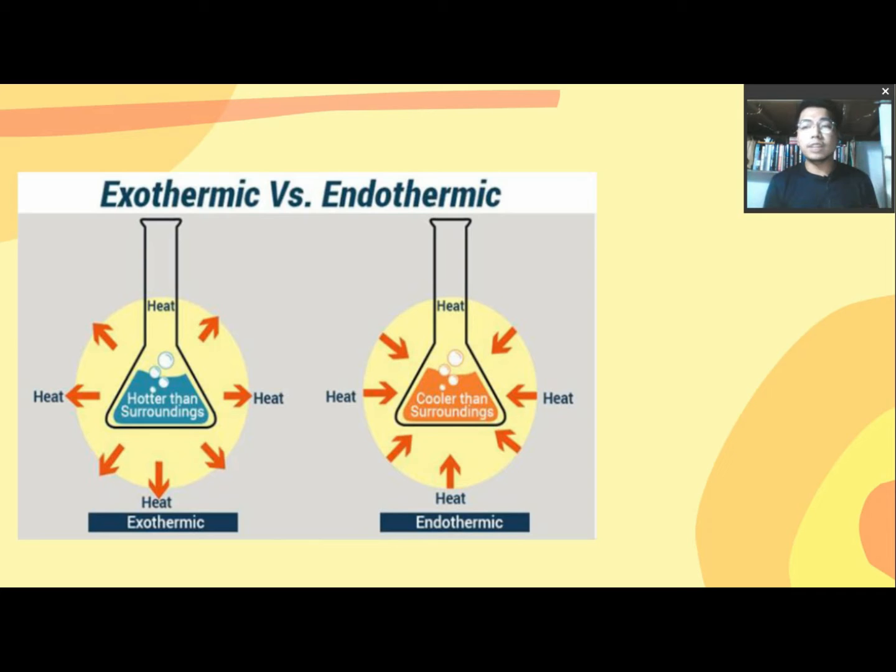What are the different evidences that we can use when it comes to exothermic and endothermic processes? Those are the simple analogies that we can use. Now, other examples.